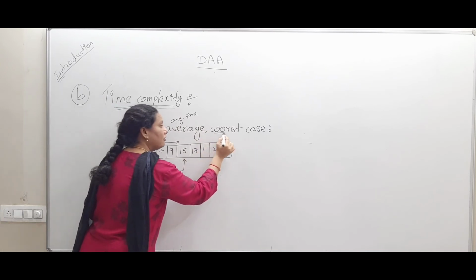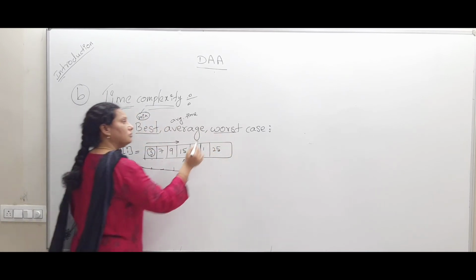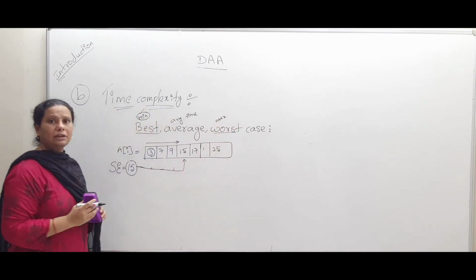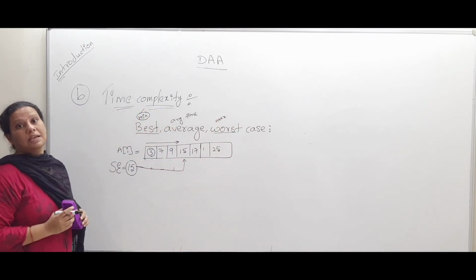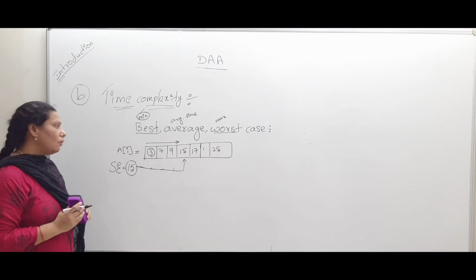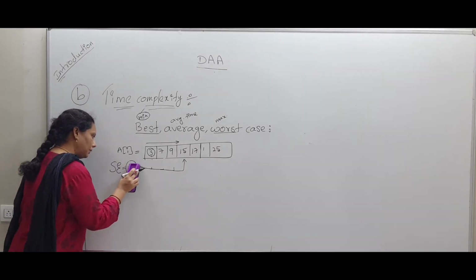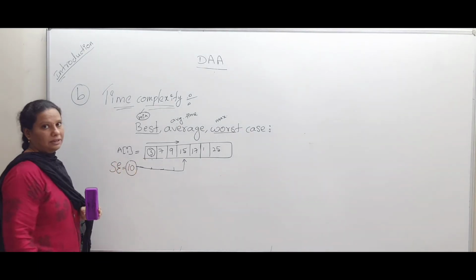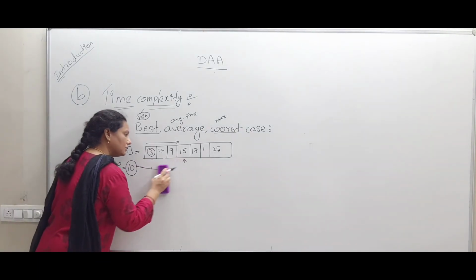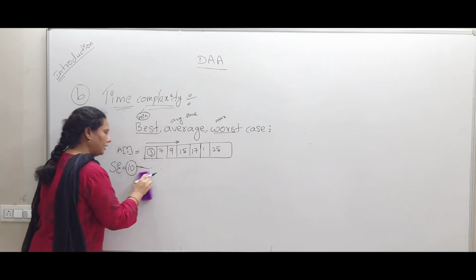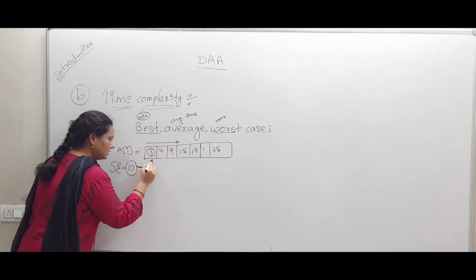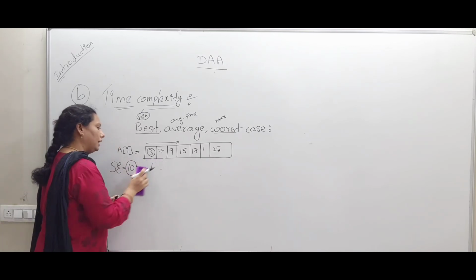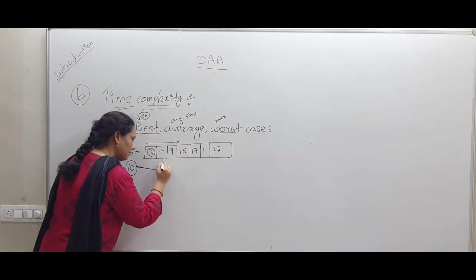Now we are going for the worst case. What is the worst case? The time taken to complete the execution is maximum here. What it implies? Say for example, I am searching for the element 10 here. Now tell me, what is your searching process here? First it goes and compares 3. Search is successful? No. Next it goes to 7.